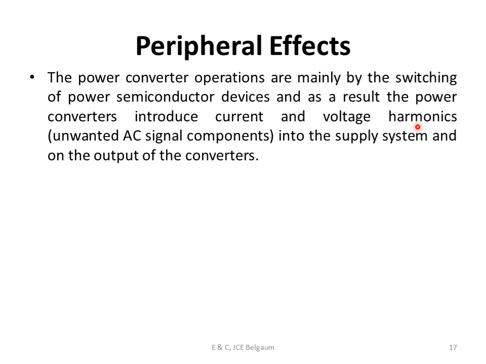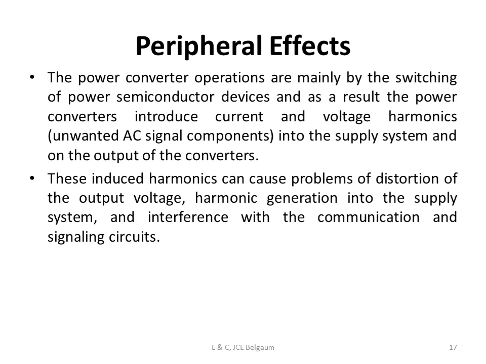They are basically made up of many frequencies and they are also unwanted AC signal components into the supply system and on the output of the converters. So what happens is, with switching on and off and the current being very high, the harmonics will be introduced both at the input side, that is the supply side, as well as the output side, that is the load side.